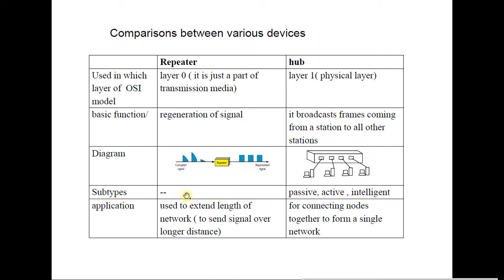Subtypes: there are no subtypes in a repeater. Subtypes of hubs are passive hub, active hub and intelligent hub. Application: the repeater is used to extend the length of the network, and the application of a hub is connecting nodes together to form a single network.